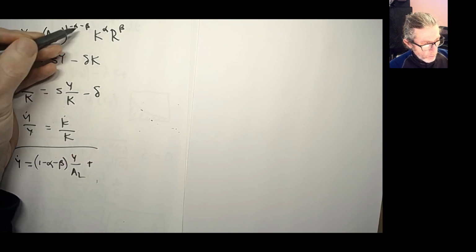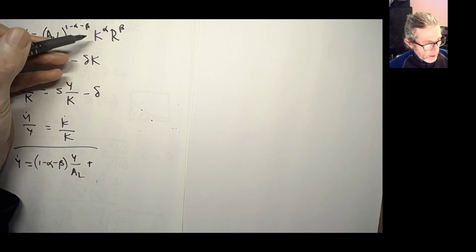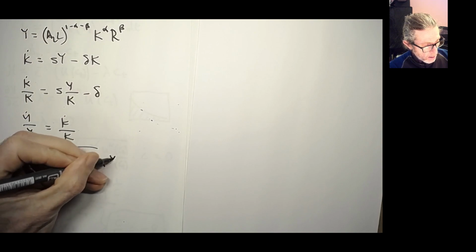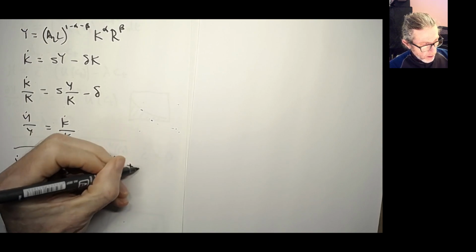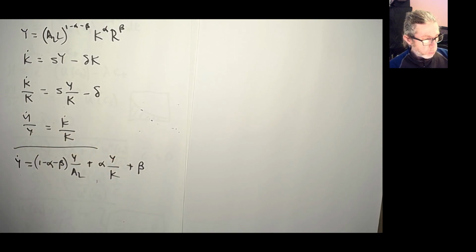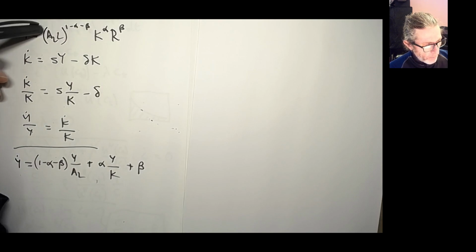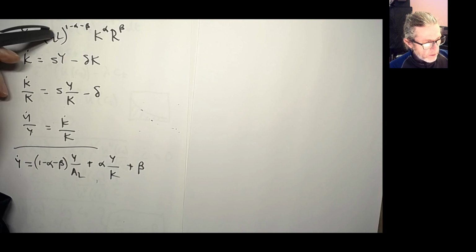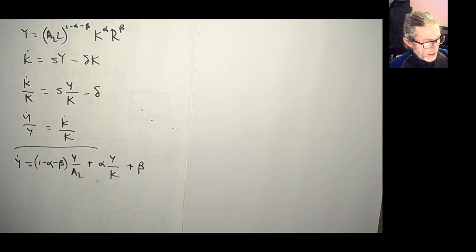And same method here, it's alpha times y over k plus, oh, who spotted my deliberate mistake? 1 minus alpha minus beta times y over al, but then we need to go dal dt, right?